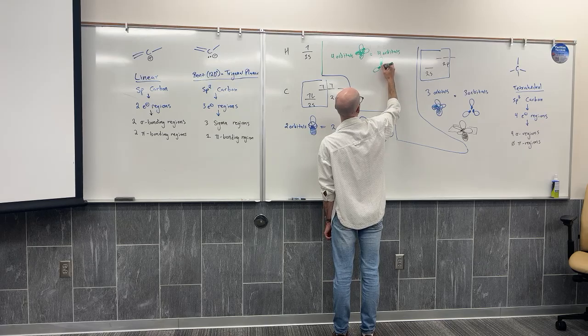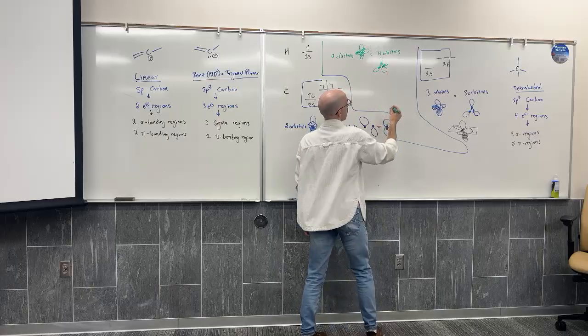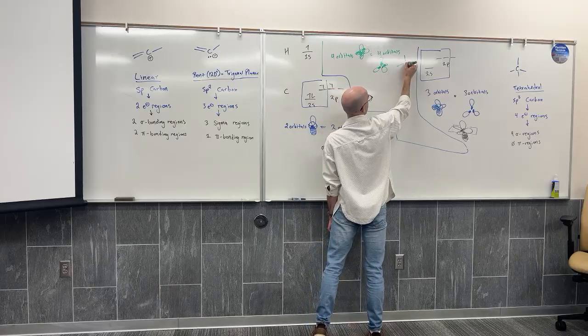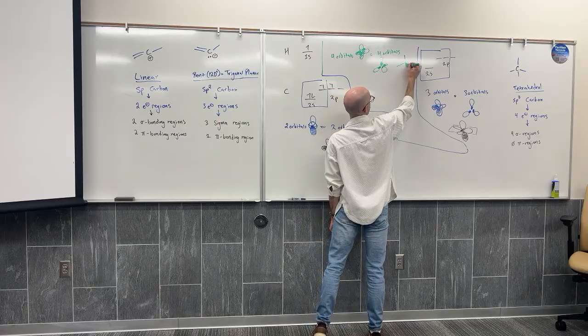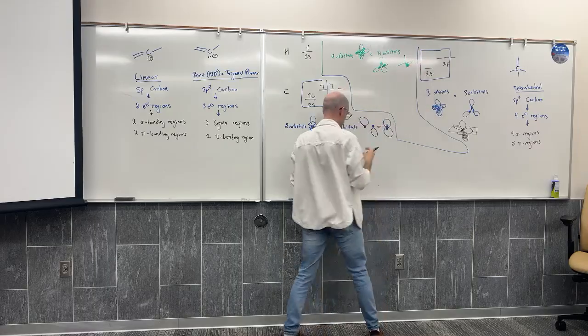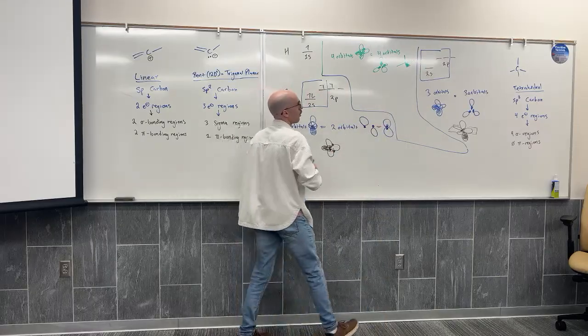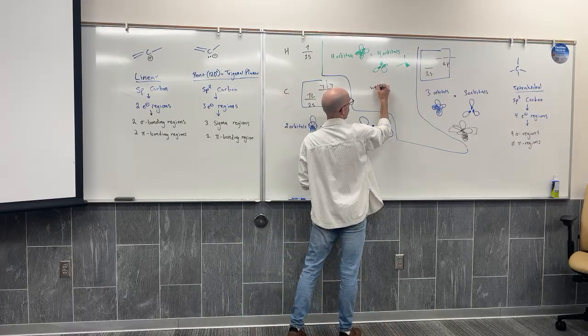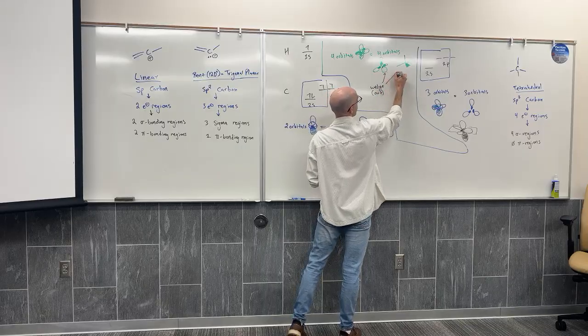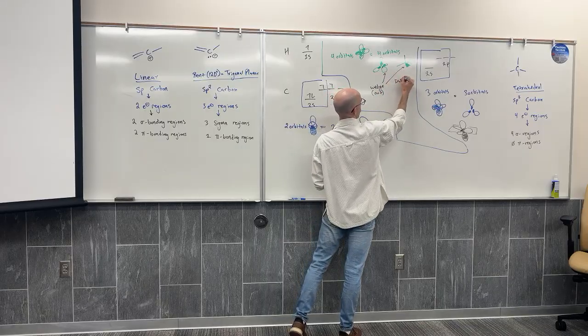So what I'm trying to show here is something like this. A wedged group comes towards you. And a dashed group goes away.